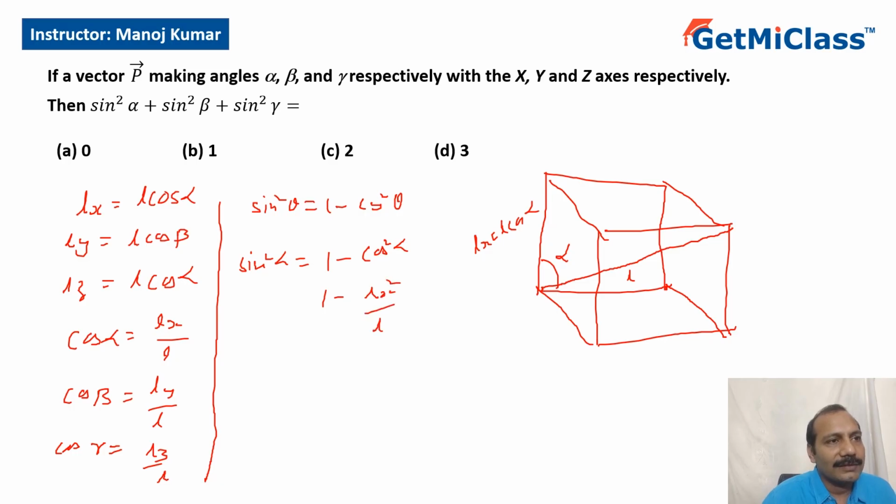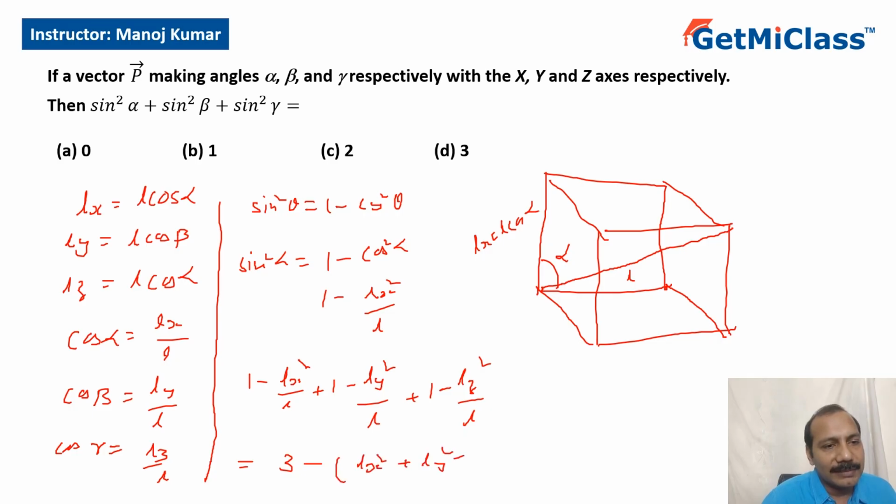So the whole expression can be written as 1 minus Lx square by L square plus 1 minus Ly square by L square plus 1 minus Lz square by L square. So this whole thing can be further written as 3 minus Lx square plus Ly square plus Lz square by L square. I didn't put squares here.